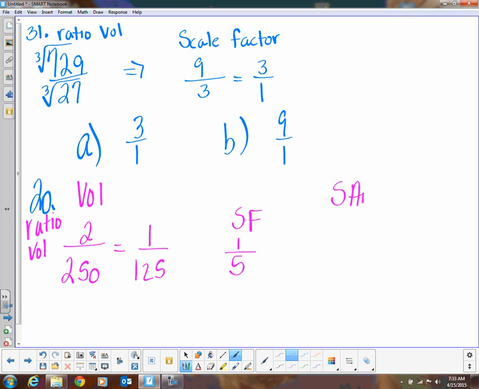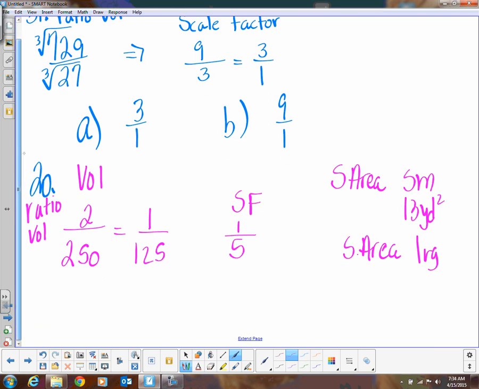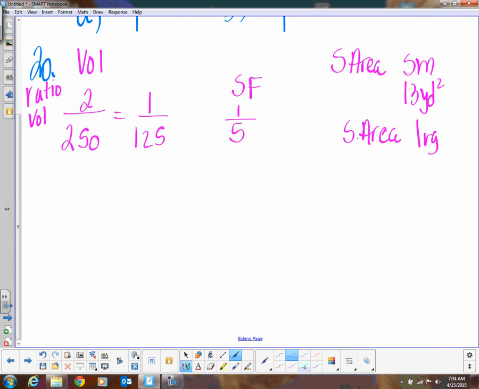They told us that surface area of which one? Surface area of the small. Surface area of the small is 13 yards squared. They want the surface area of the large. Can we use that scale factor as is? No. We need what? We need the area ratio.